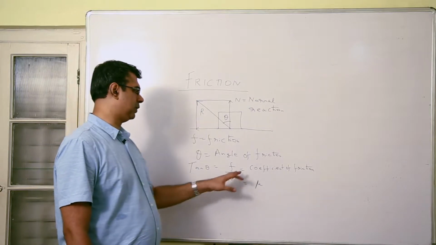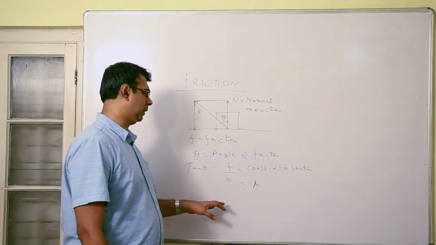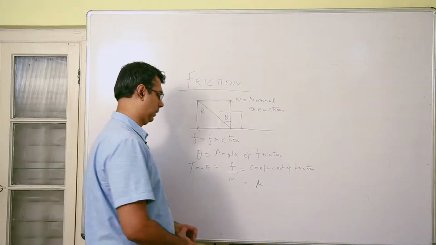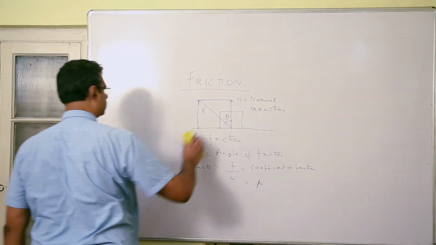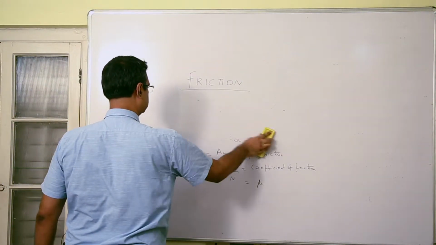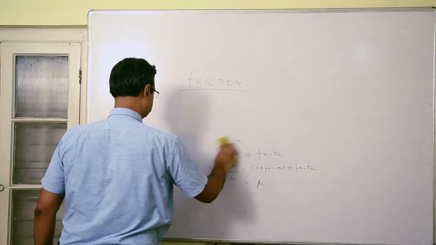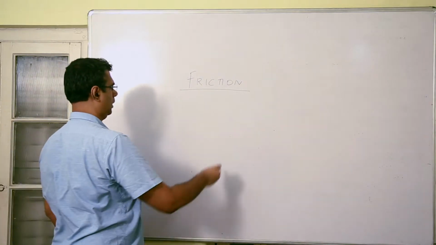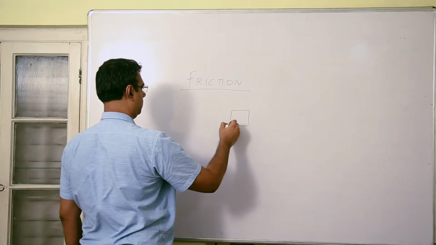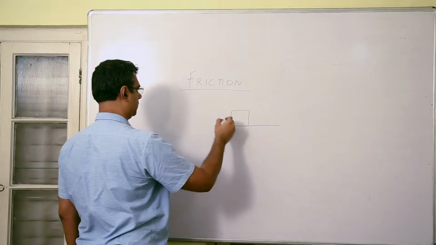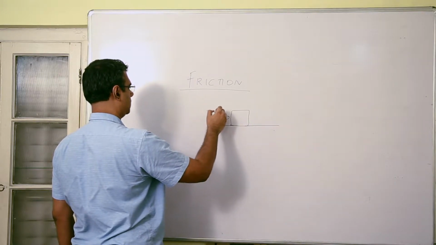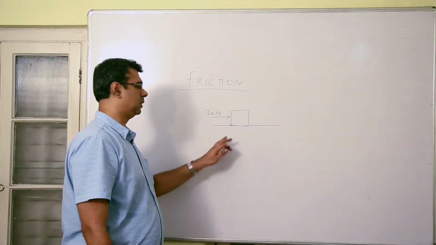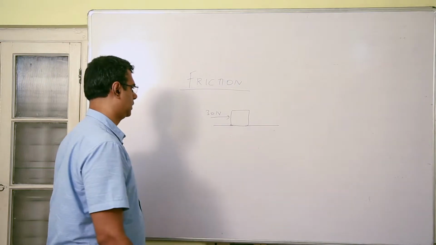Now the thing is, coefficient of friction can be of two types. To understand that, let us consider one example. Let's say that there is a block resting on a surface and somebody has applied a 30 Newton force to this block, but the block did not move because of this force.